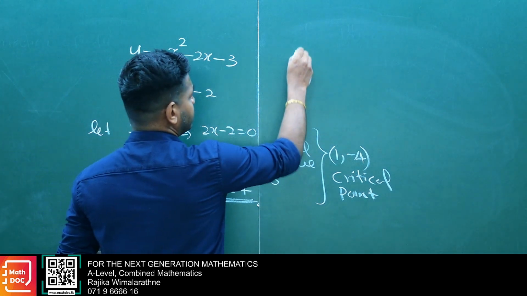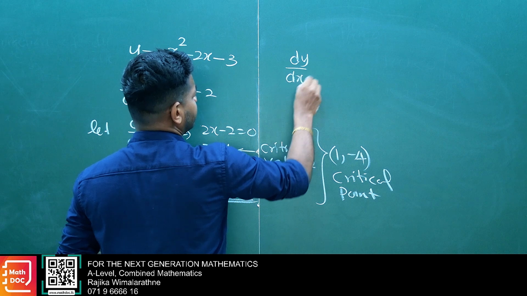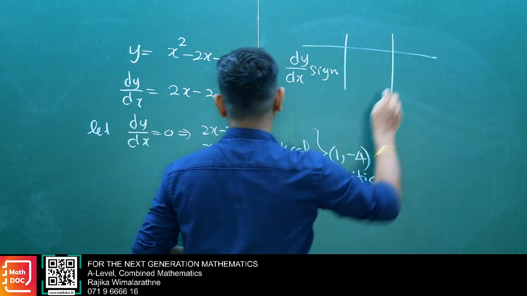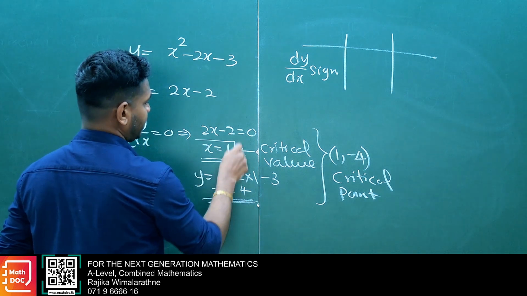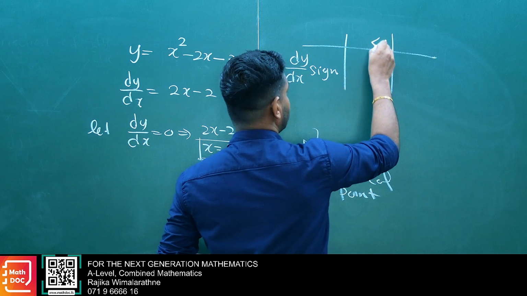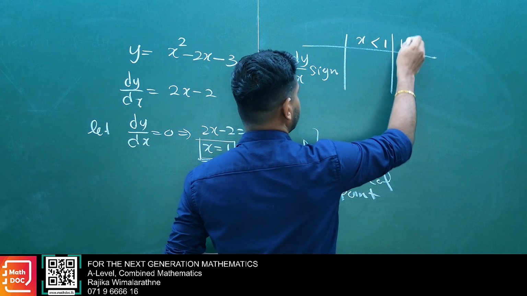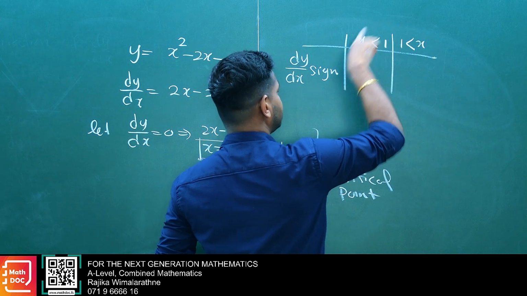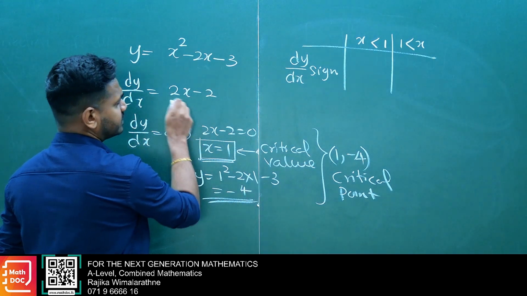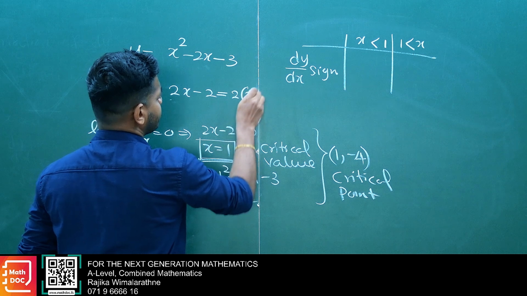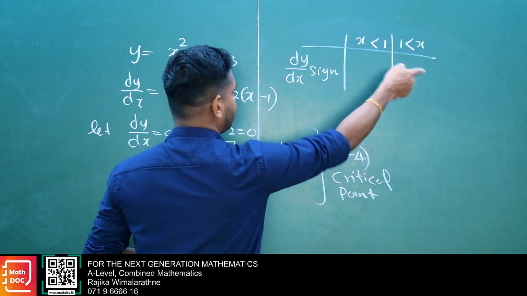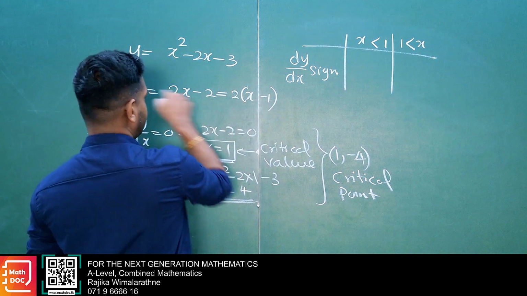Here this is single variable function. So now you check dy by dx sign. So you have to check with this critical value, x equals 1, less than 1 and greater than 1 case. X less than 1, x greater than 1, dy by dx sign. So for greater than 1 value, dy by dx positive.